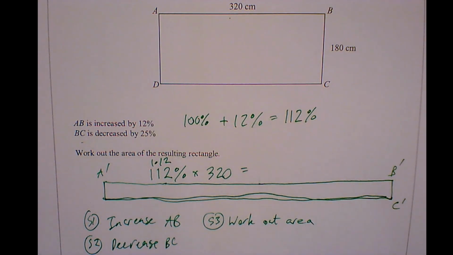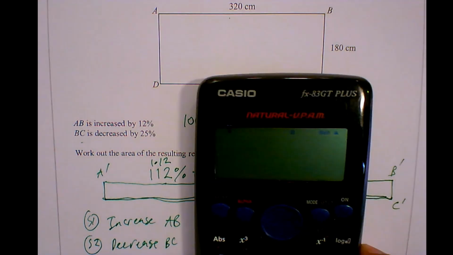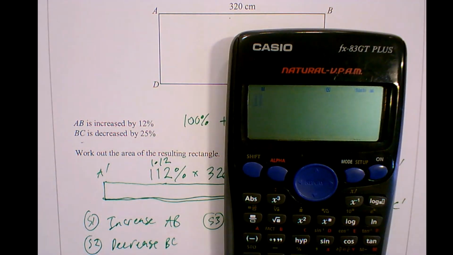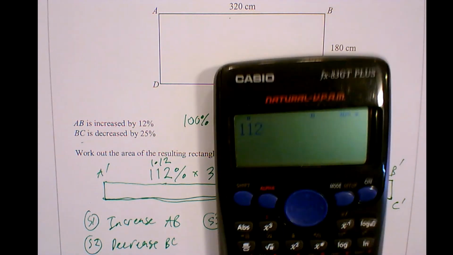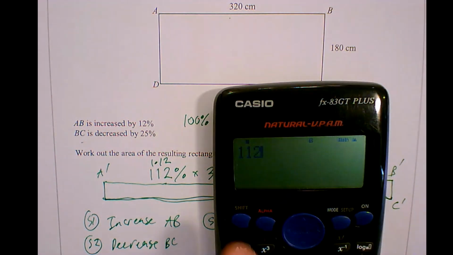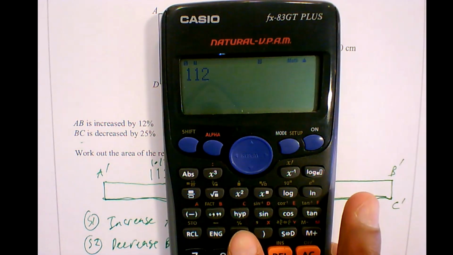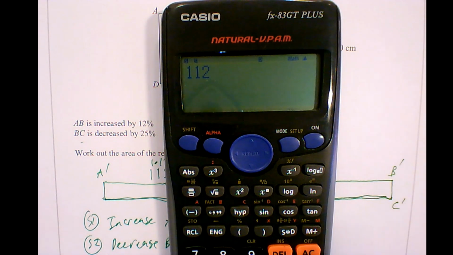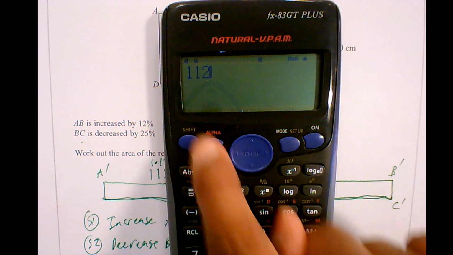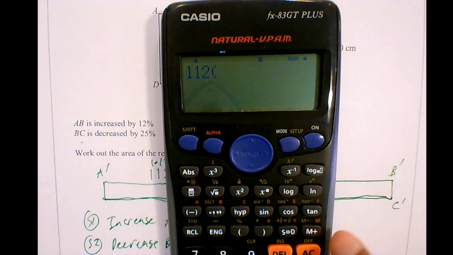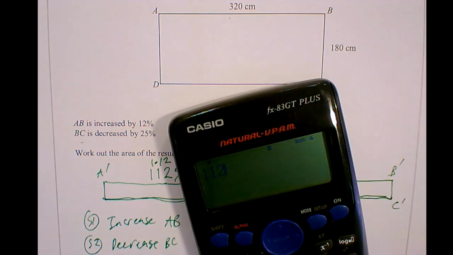So I'm just going to show you the buttons on my calculator. For 112 percent, I use the shift button, and above the open bracket, in the yellow writing, I've got the percentage button. Shift and open bracket, didn't work, let me try again.